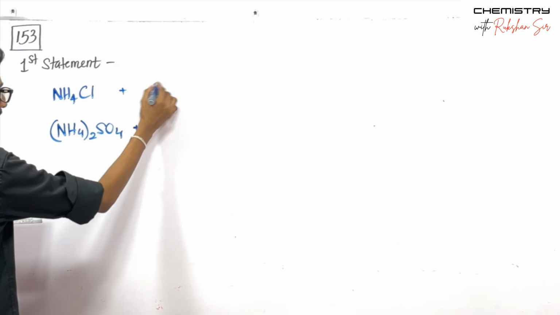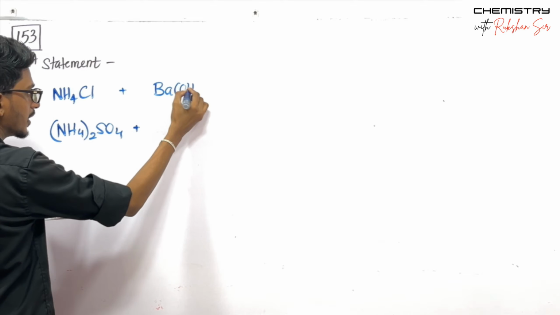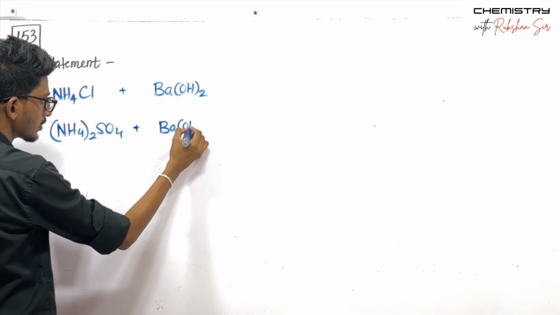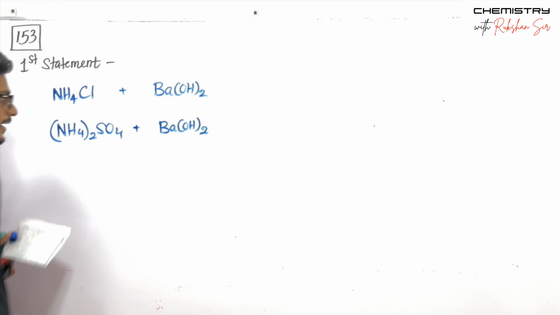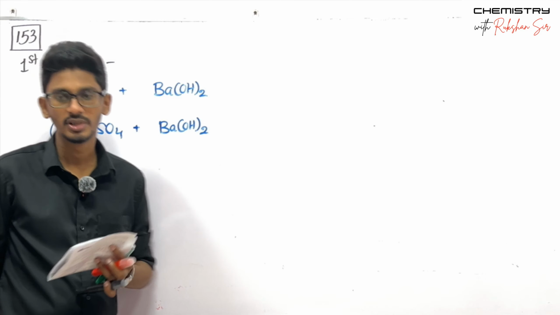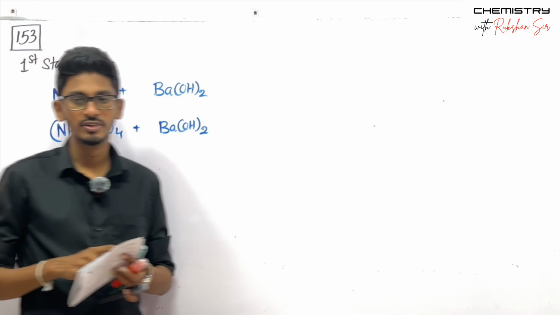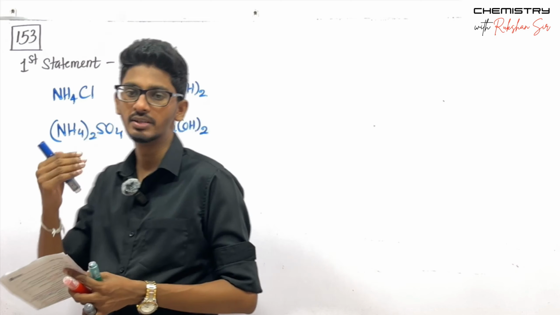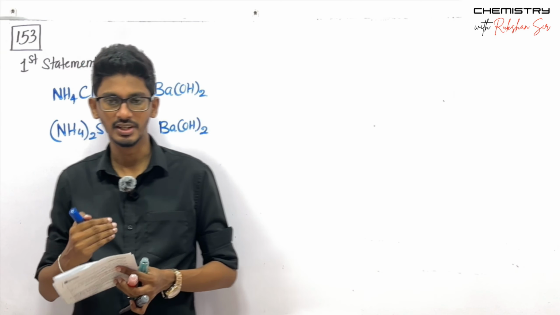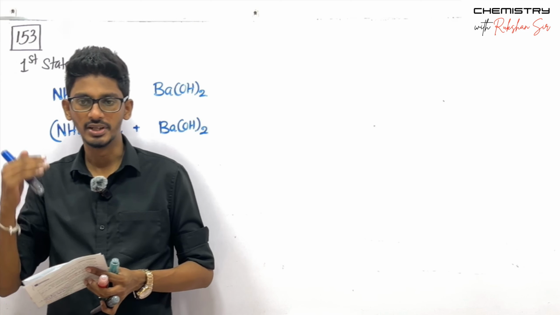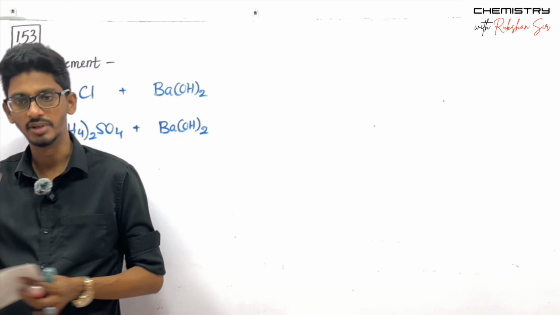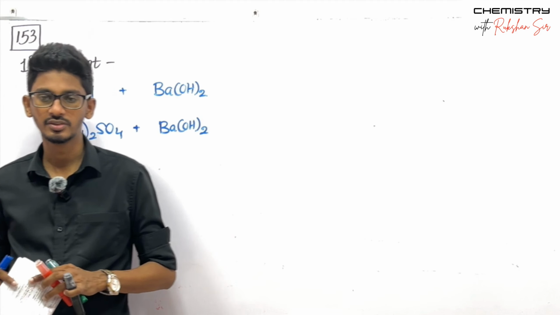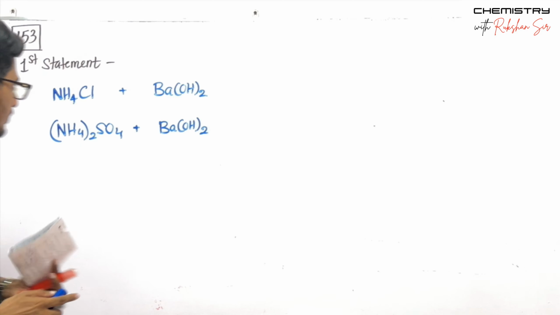Barium hydroxide is considered a strong base. Any metal hydroxide which is not going to precipitate can be referred to as a strong base. In the s block, only beryllium and magnesium get precipitated as hydroxides, so barium hydroxide is a strong base.